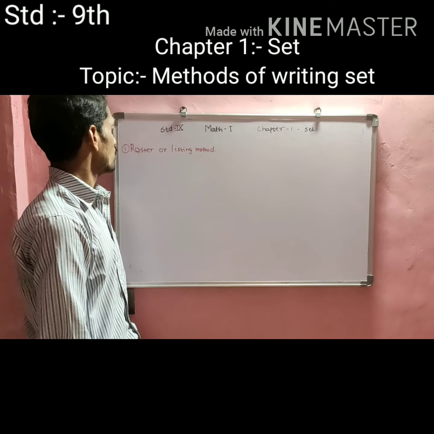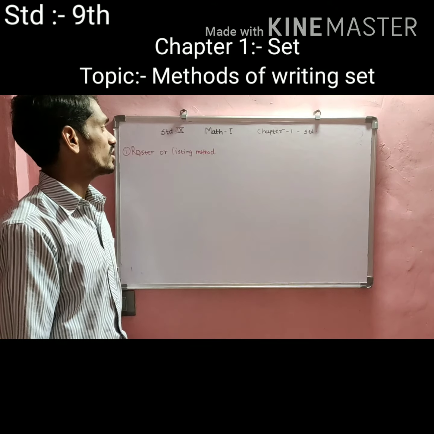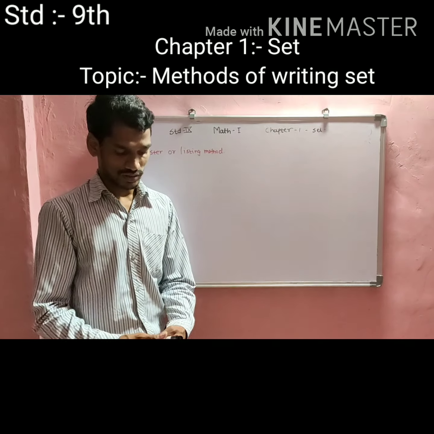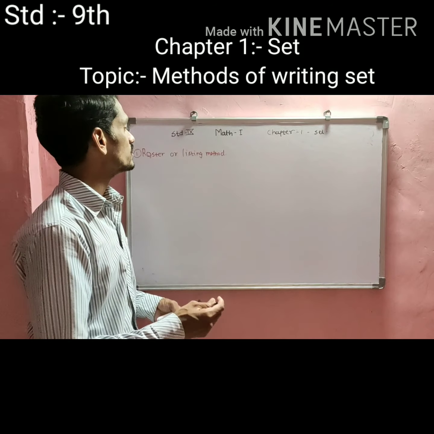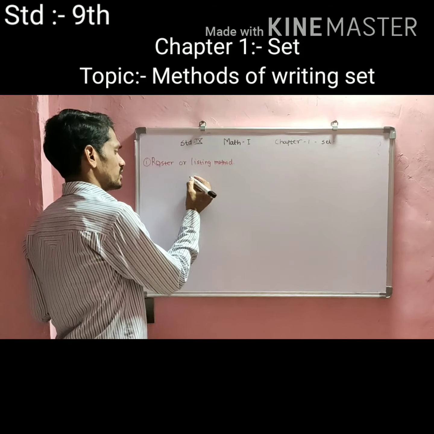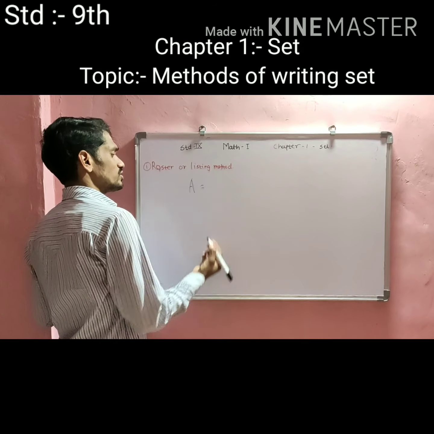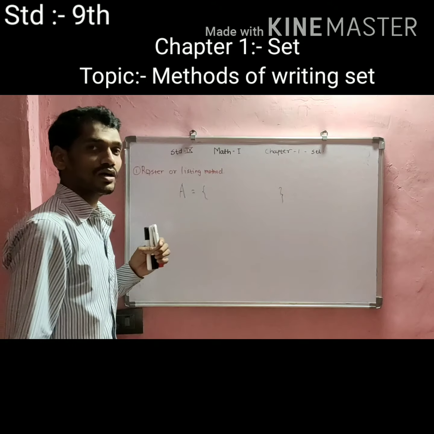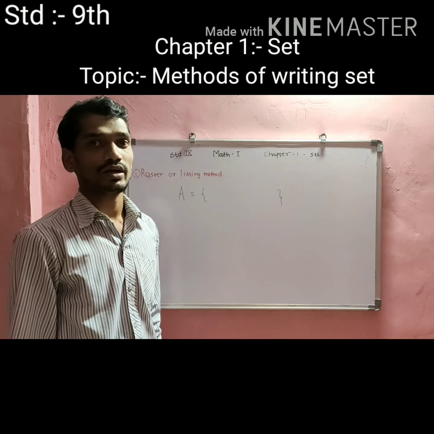So we are going to discuss the Roster method, or we call it the listing method. In the Roster method, the set is represented by a capital letter, and we use curly brackets, an opening curly bracket and a closing curly bracket.